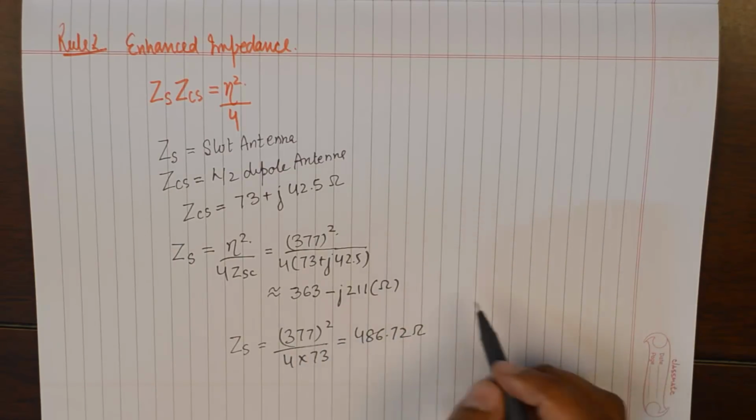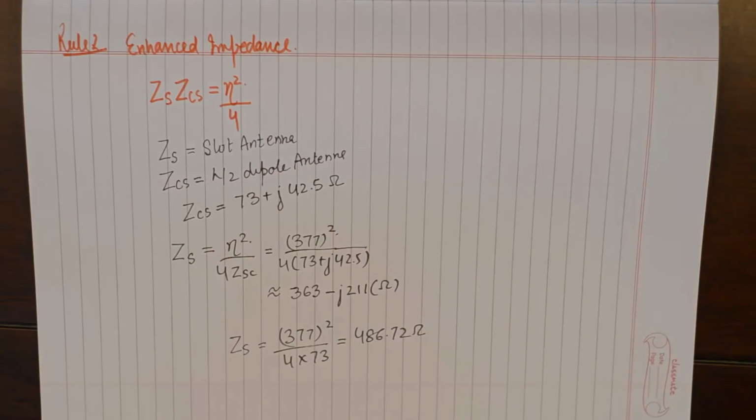So in both these cases, the impedance is a close match to the impedance of the air, which is a very good thing. So the second advantage of designing a slot antenna is to improve the impedance of the antenna itself so as to match with that of the impedance of the air.